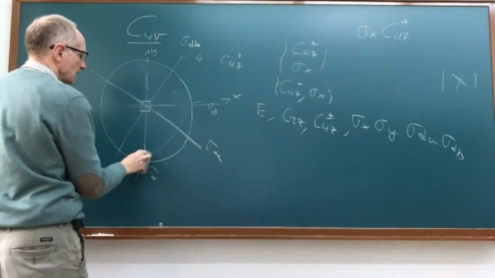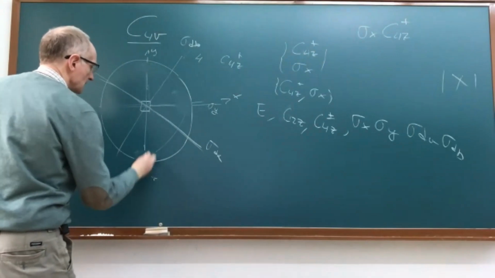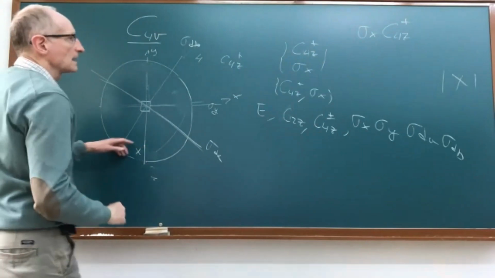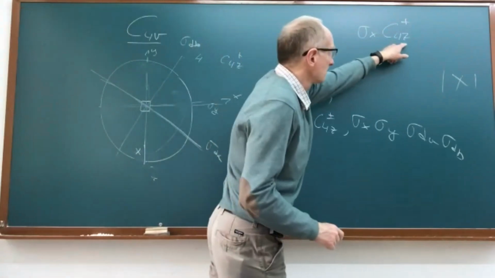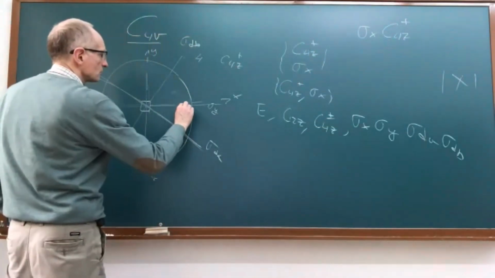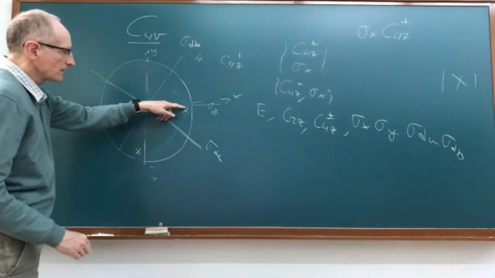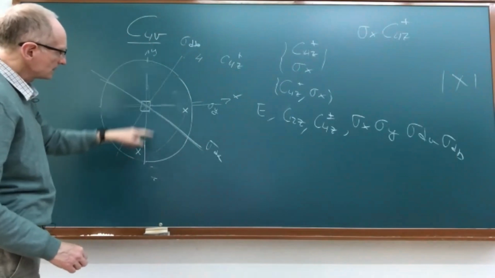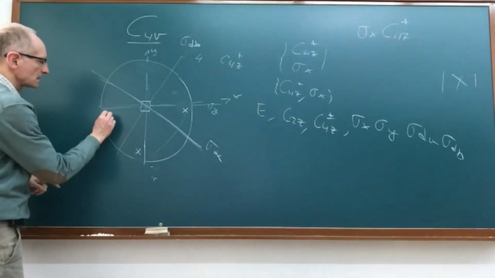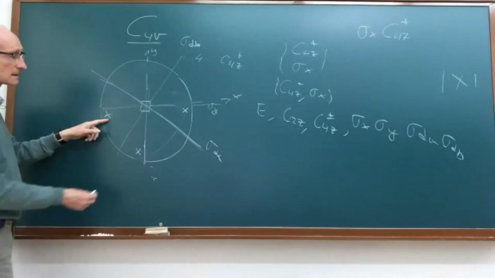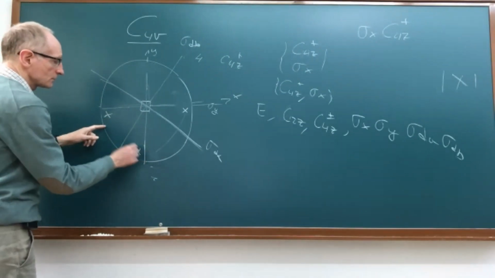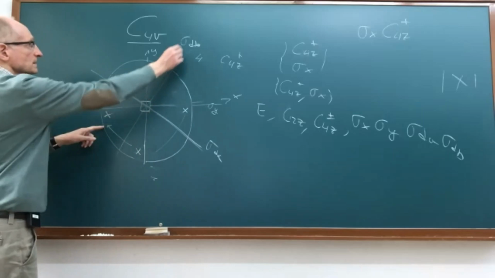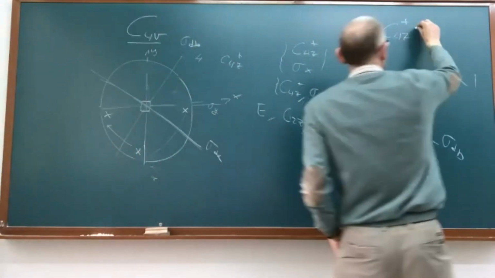You understand the thing graphically and algebraically. If I start from this and I act with C4, I go to this point. Now, if I apply this reflection, I end up here. But you realize that I could have gone from this to this directly by using sigma dB. So this is equal to sigma dB.